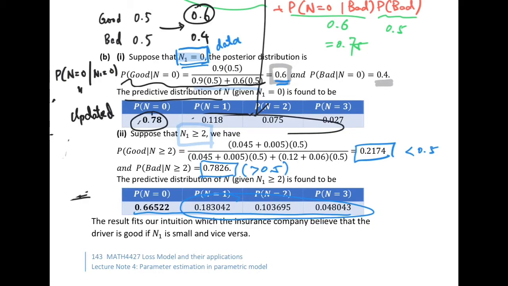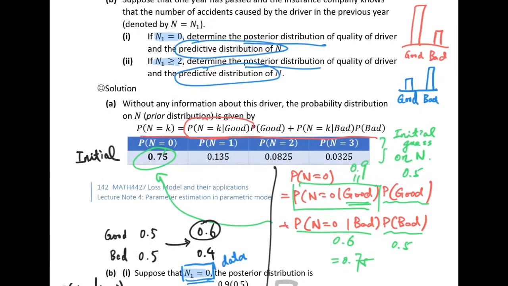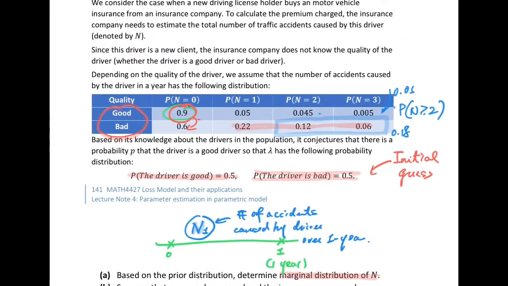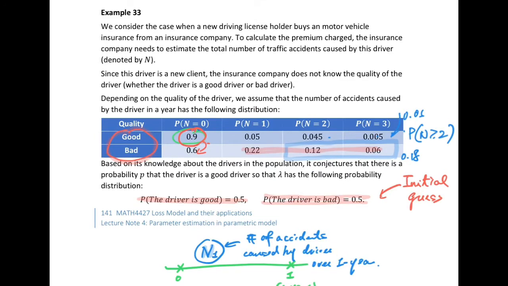I would say the reason here is that when they try to determine this posterior distribution, what they do is look at the likelihood that each type of driver will cause the same event. From this table, you can see the bad driver will also have 60% probability of causing no trouble.